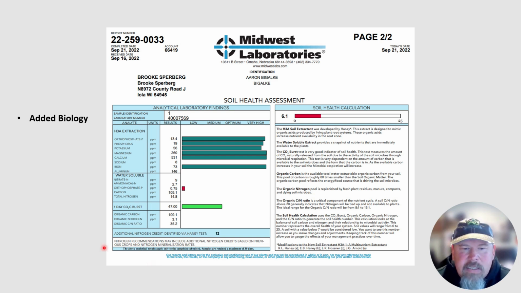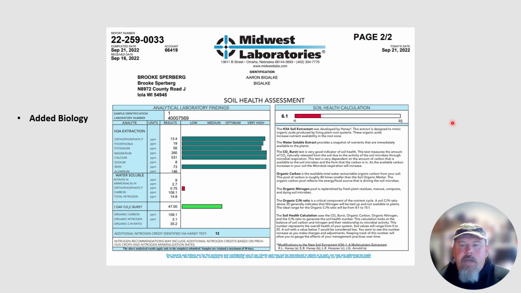Yet I'm still seeing that I'm lacking in the microbes being able to convert those nutrients that are locked up into usable minerals and nutrients for the plant. And when you put all this together, they give you a soil health calculation, which is 6.1.